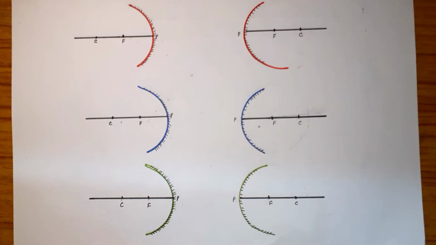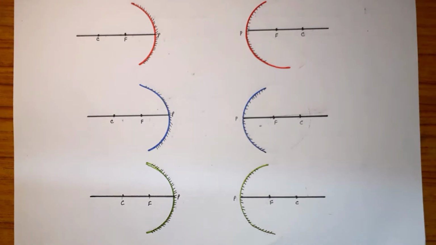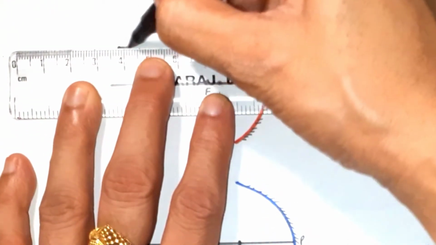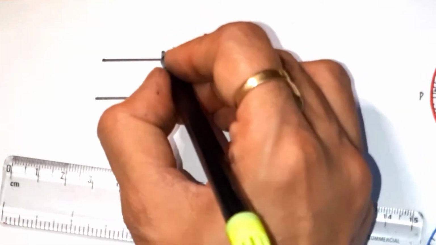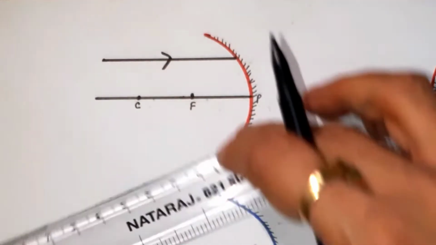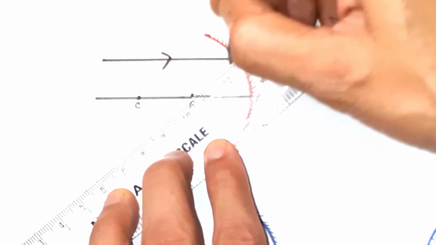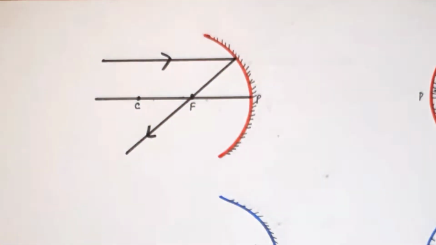So we have to talk about the laws of reflection in spherical mirrors. The first law is that when any ray is parallel to the principal axis, like this is the principal axis, after reflection it will pass through the focus.